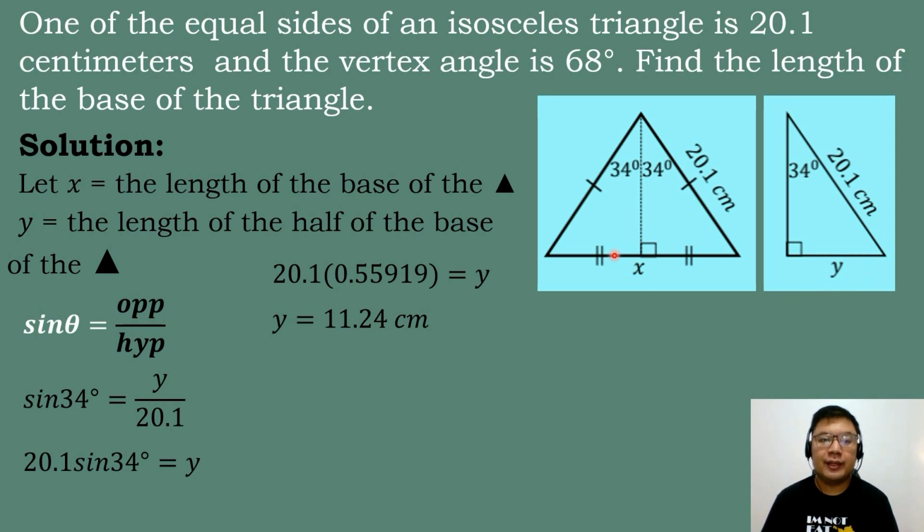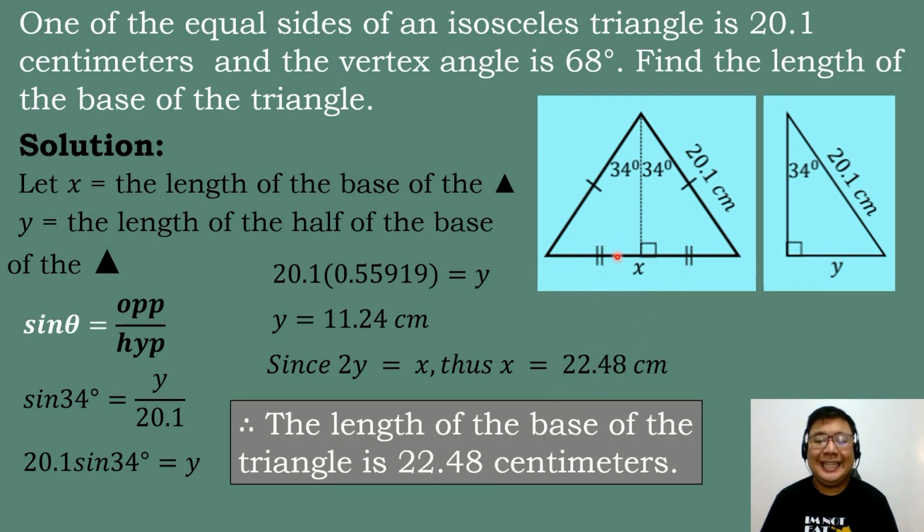Now to get the length of the base of the triangle, we just multiply it by 2. So 11.24 times 2 is 22.48. Therefore, the length of the base of the triangle is 22.48 centimeters.